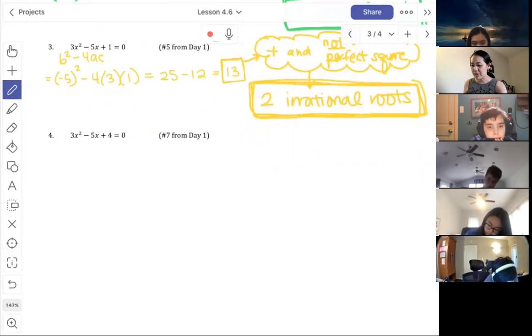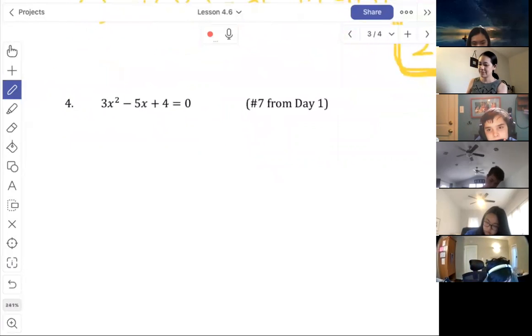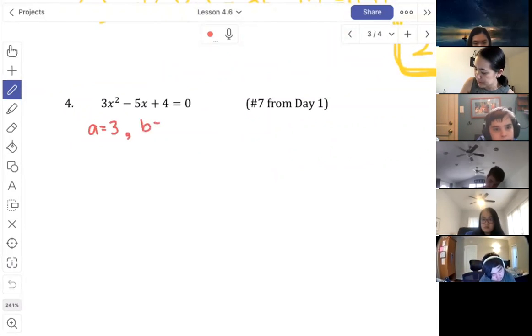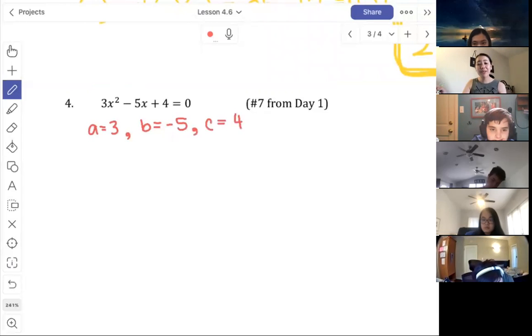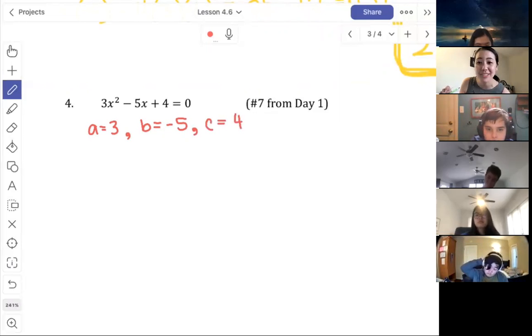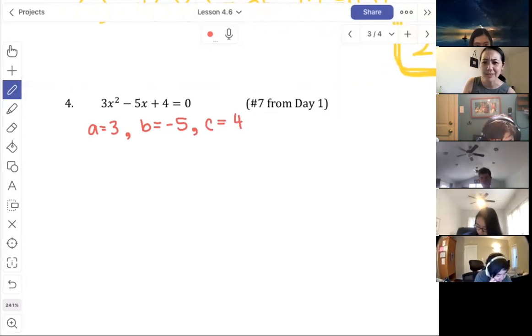Jaden, help me with number 4. So a equals 3, b equals -5, and c equals 4. Nice. A lot of times people forget that negative on the 5, so great job, because if you did not get that negative, your whole answer would be off. Jaden, keep going.